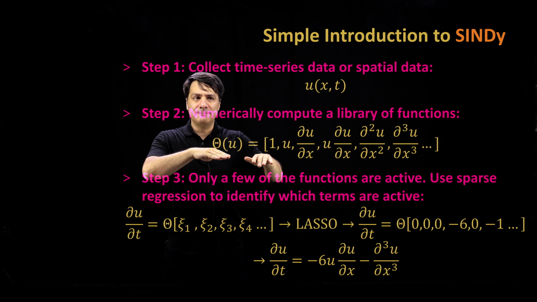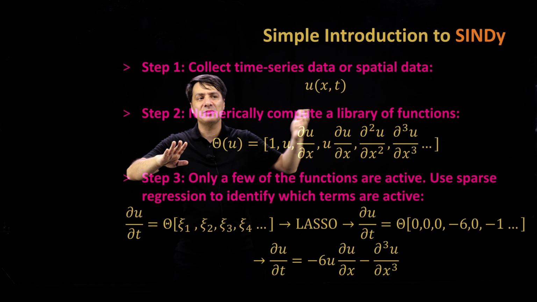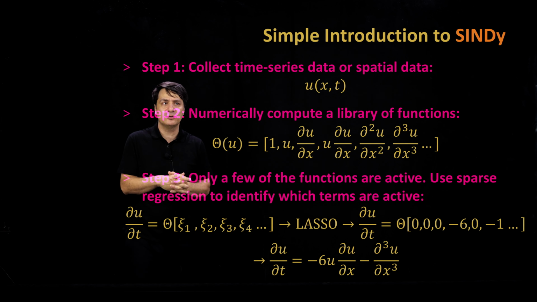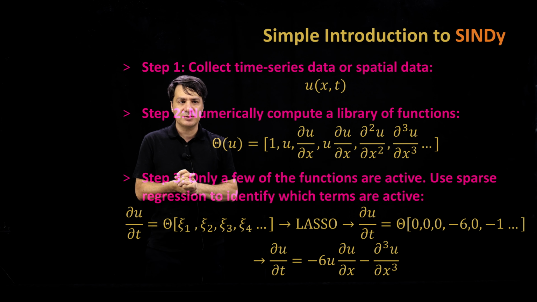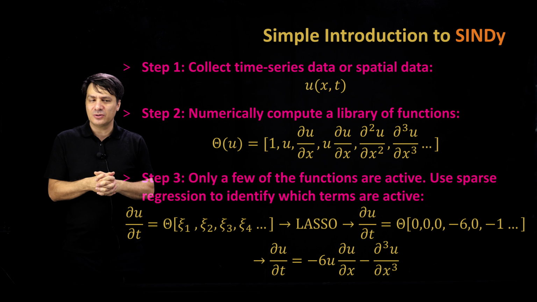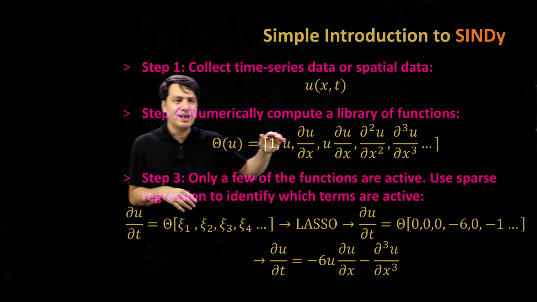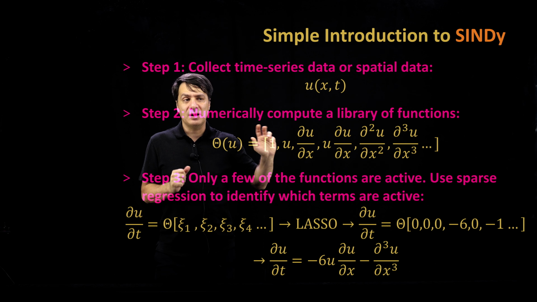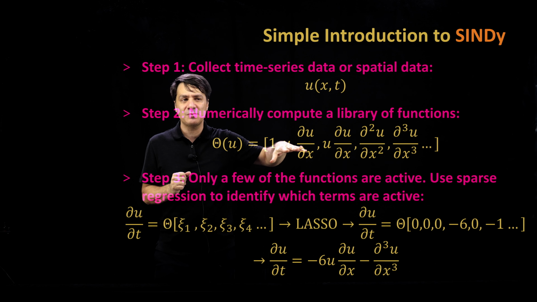Then you create a library of functions. You can see some examples, differential equations numerically calculated based on those initial values. We're going to use a regression approach called lasso, and it's a sparse identification. Basically, the concept is these base level functions multiplied by some constant.